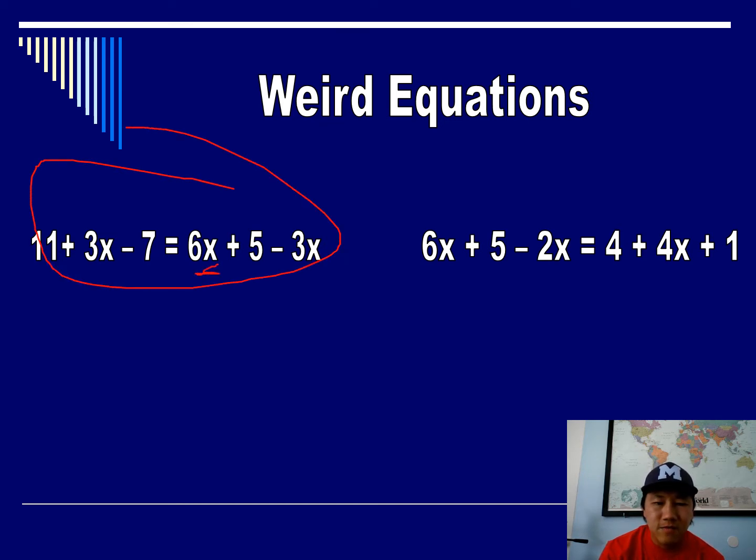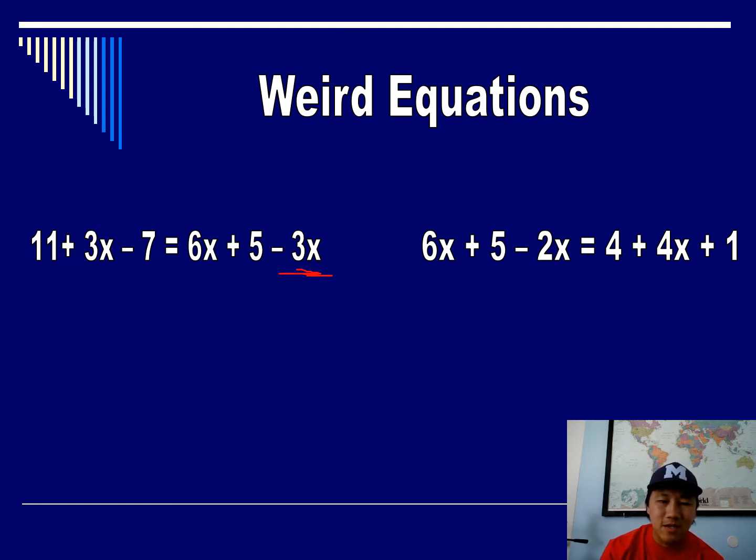Combine like terms first, the 6x minus 3x. Bring 3x over. When you do that, you notice something weird happens. What happened? The x kind of just goes away. And you're left with just 11 equals 5.